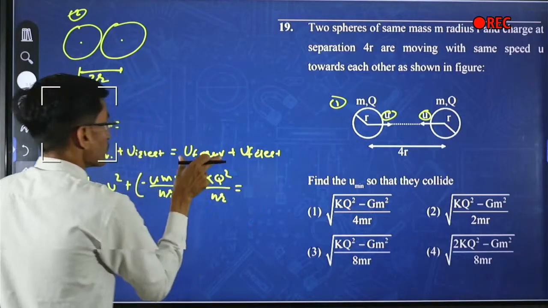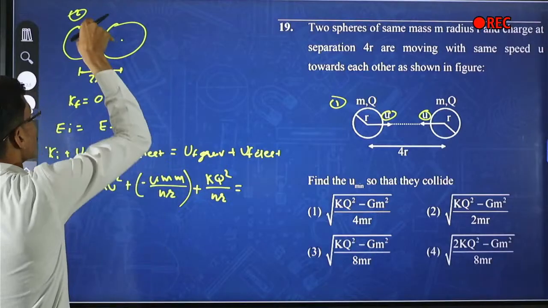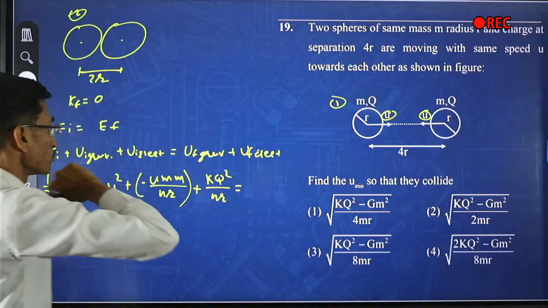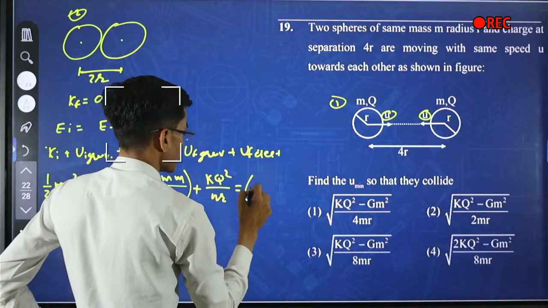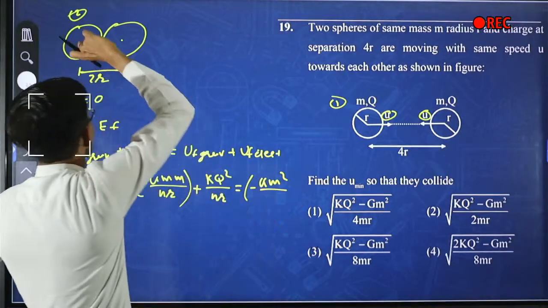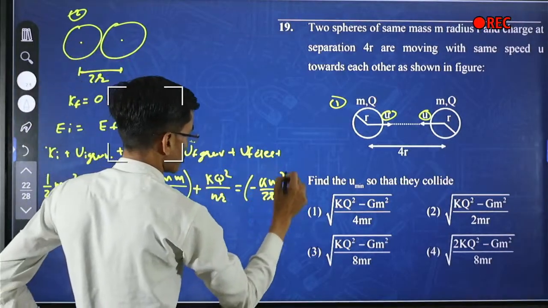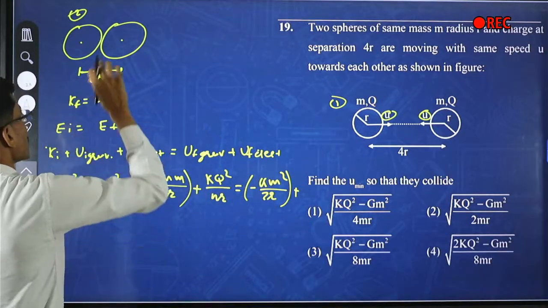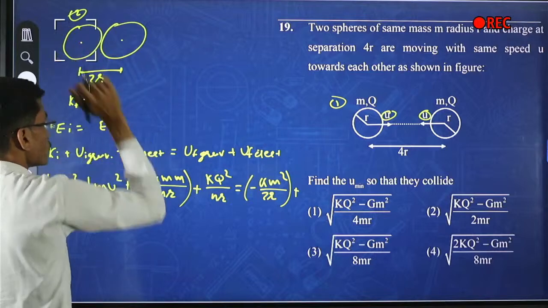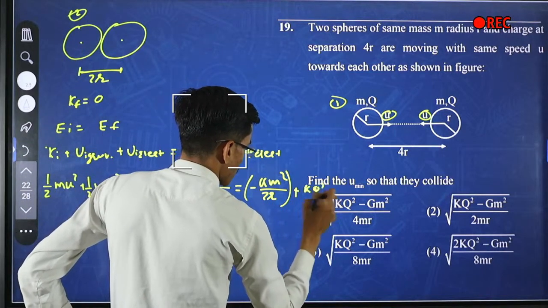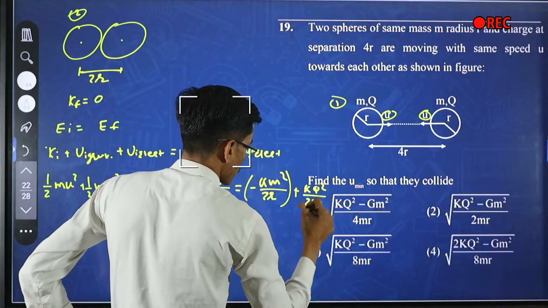This is equal to the final energy when they are colliding. The distance between their two centers is r plus r, 2r, so the final gravitational energy is minus G m square upon 2r, plus the final electrical potential energy, where the distance is also 2r, so k q square upon 2r.